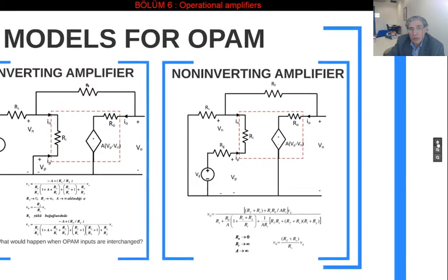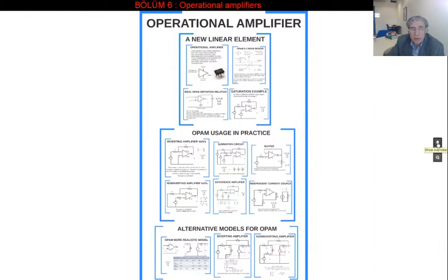And then if you consider the whole chapter now, we introduced a new element, a bit different from the other elements that we have already seen. We considered this element as an ideal element and gave a very simple mathematical definition relation, which helps us do fast and simple analysis.